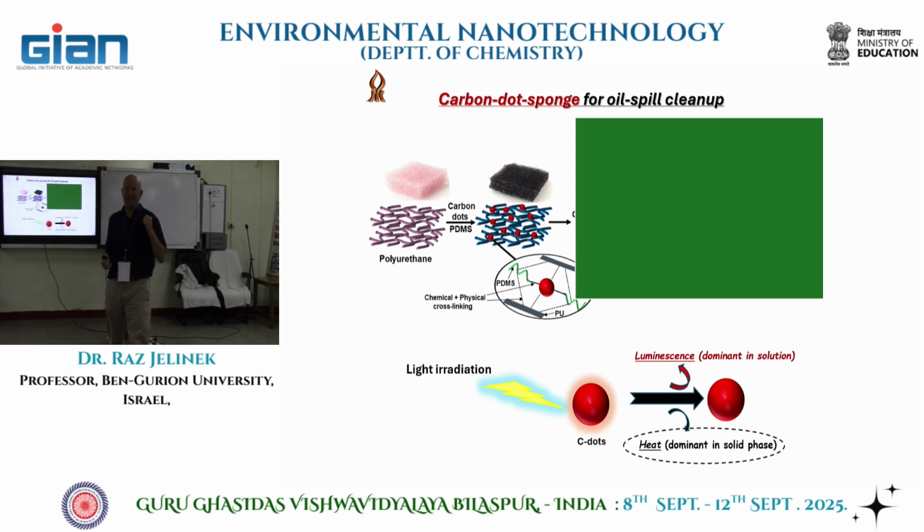The third thing is that the surface of polyurethane is very hydrophobic. Why is it important for us to have a hydrophobic surface? Because oil is hydrophobic. So if we have a hydrophobic surface, maybe the oil will go in, and then we take it and go home.